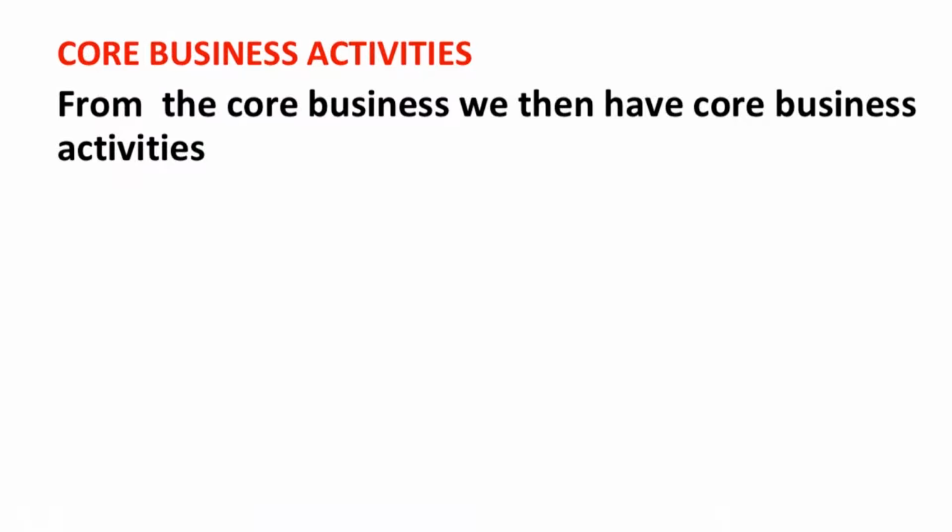From the core business, we look at the core business activities. As we have mentioned, the core business of TVET colleges is education and training. Let's look at their activities then.